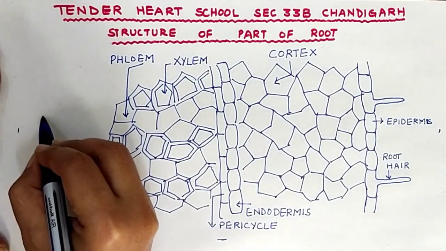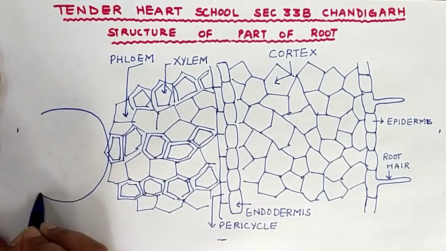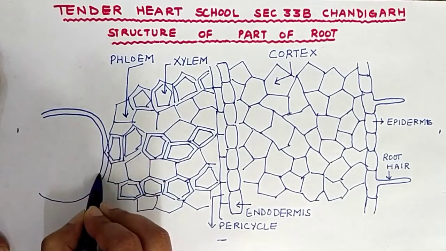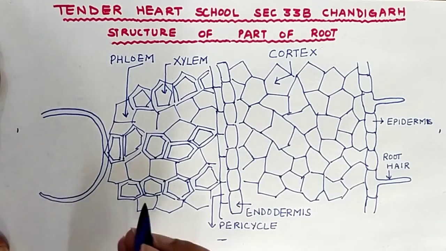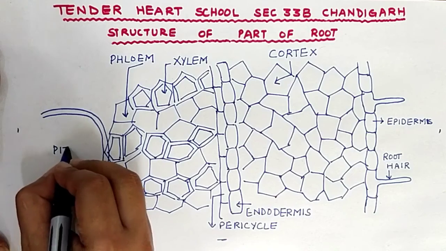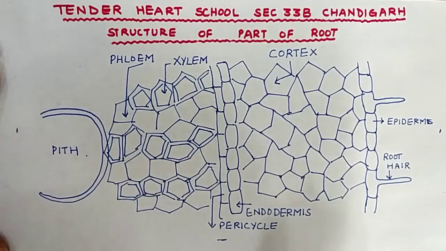The central region of the root is called the pith. So this is the central region. It is again made up of otherwise parenchyma cells only. So this is called the pith, right? So this is the structure of part of root I have shown you.